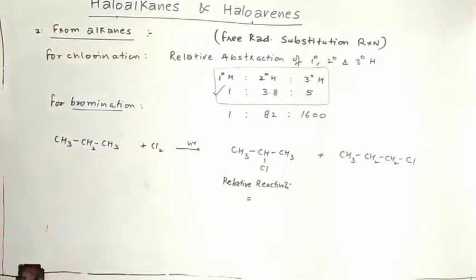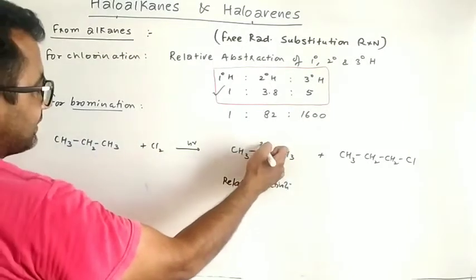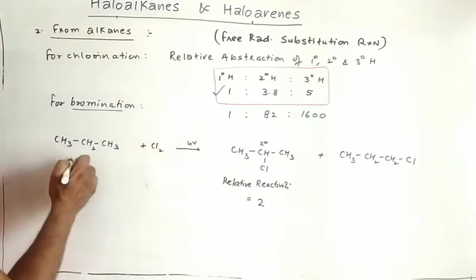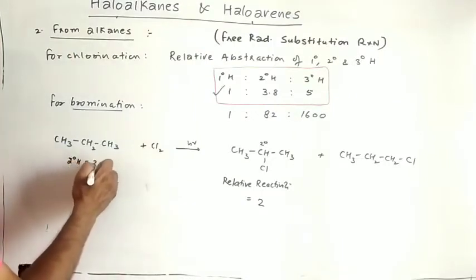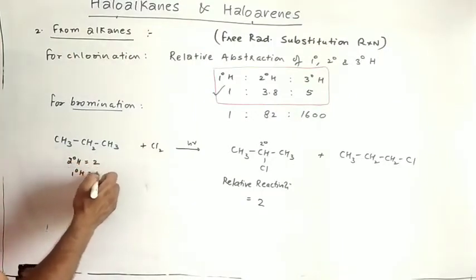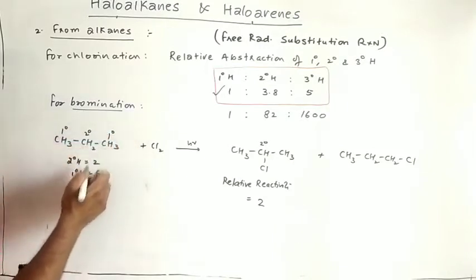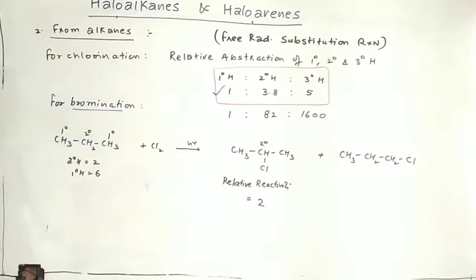How to calculate? This is found by replacing 2 degree, and there are 2 degree 2 hydrogen. So 2 degree hydrogen are 2, 1 degree hydrogen are 6. You can see here. जो 2 डिग्री है वो 2 ही है, 1 डिग्री वो 6 है.